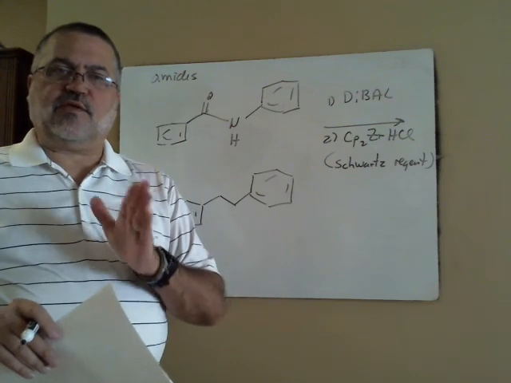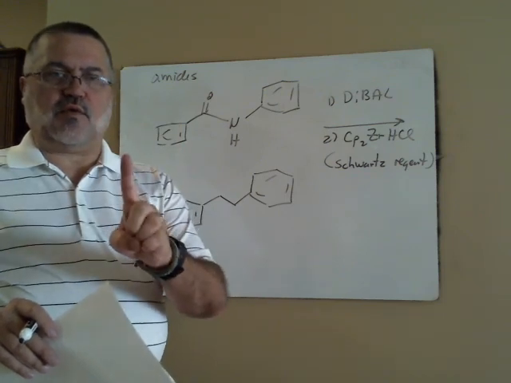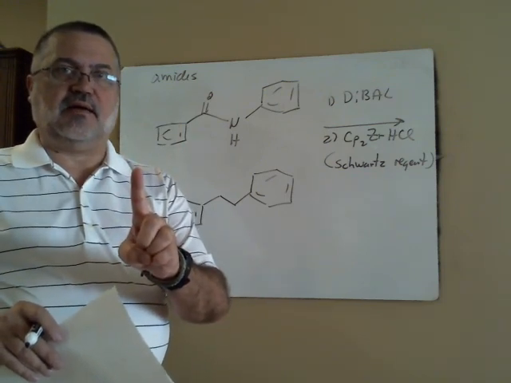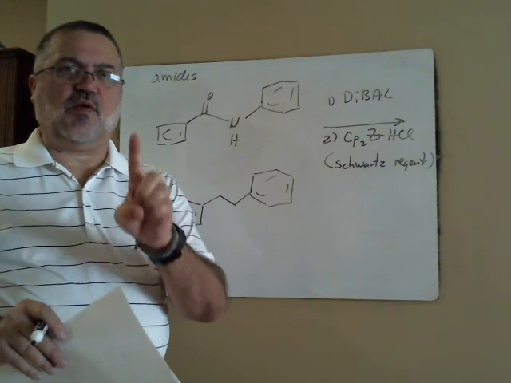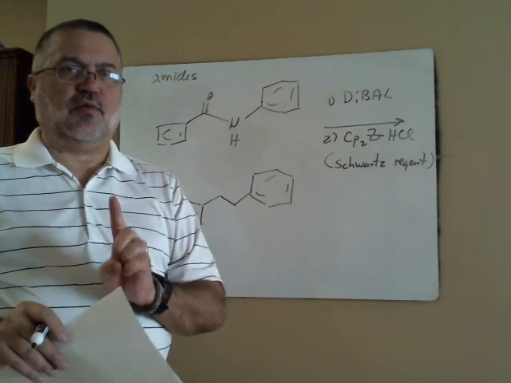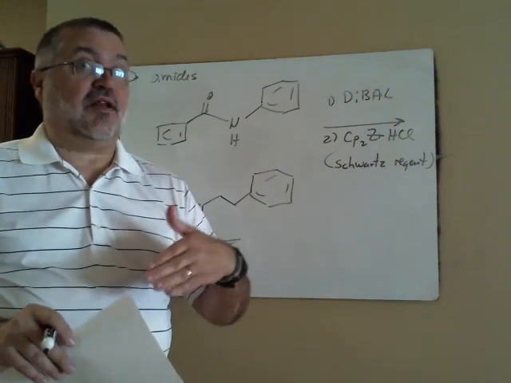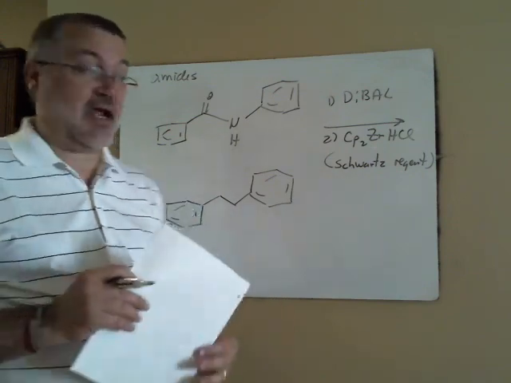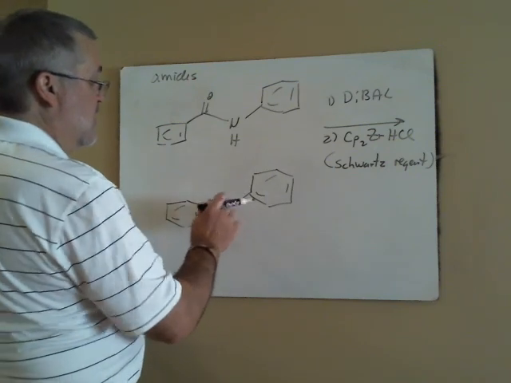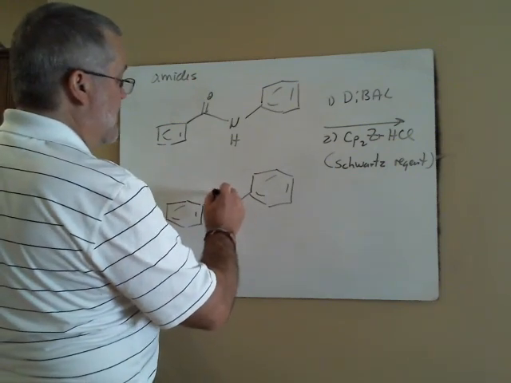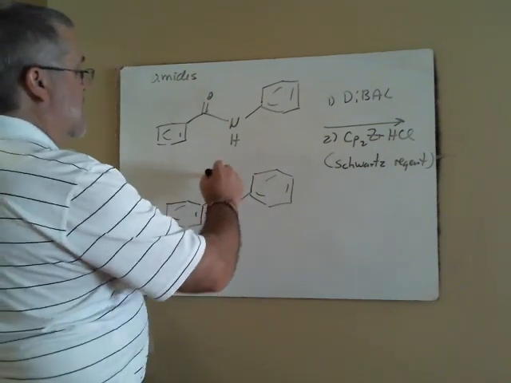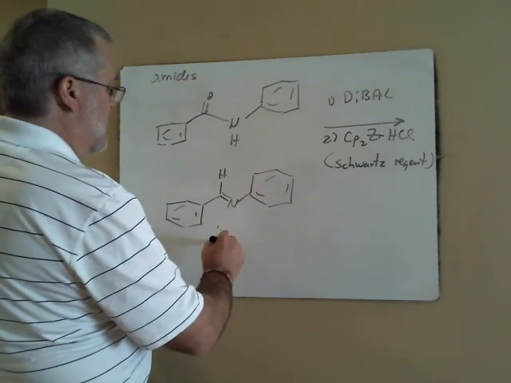But what was the result after 1 equivalent of hydride added? So what would be the partial reduction product? Remember, it looked like imine formation. It was the imine. And so that means if you partially reduce an amide, you actually end up with an imine.